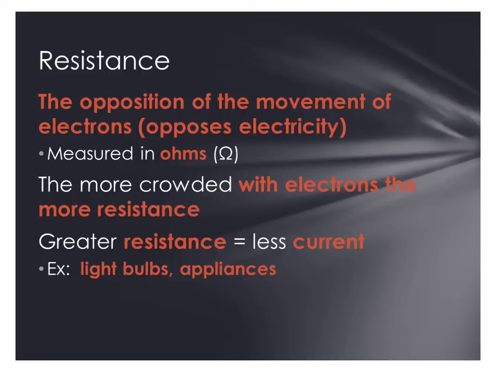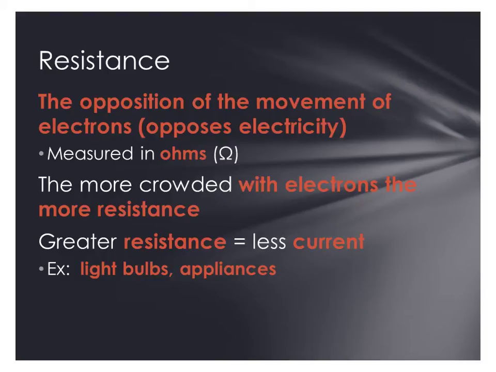So things that are plugged into an outlet would be an example of something that is causing resistance in electricity. It is blocking the flow, or it's using up some of the electricity before it's allowed to continue to move on.